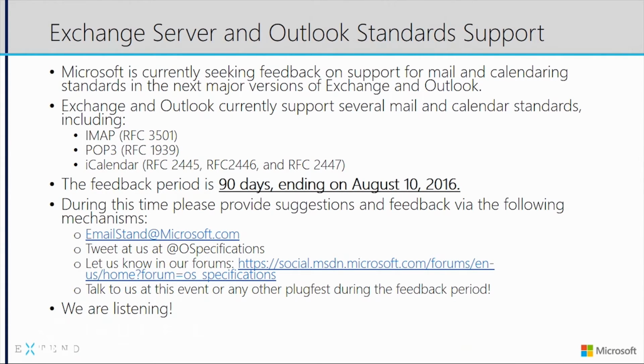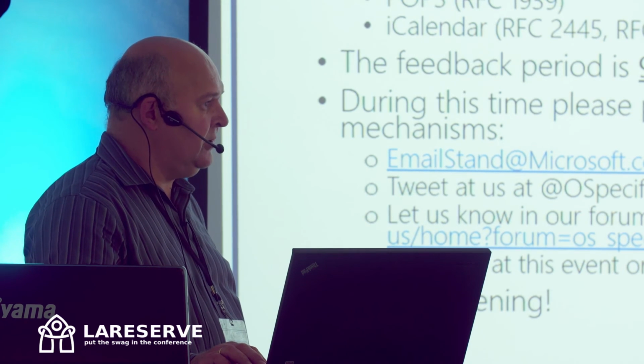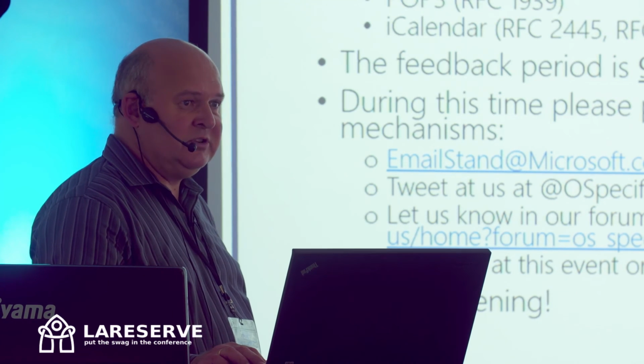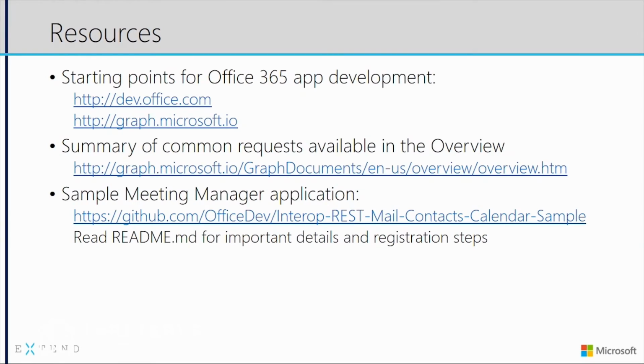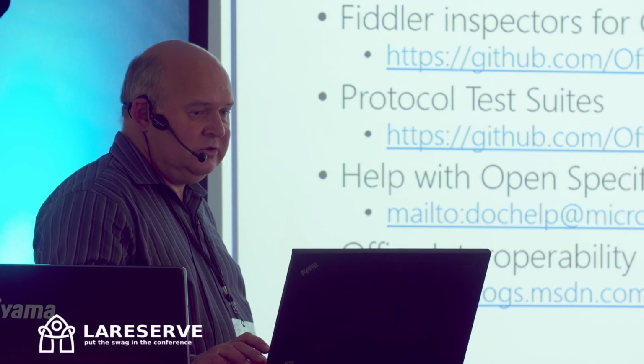Today we have the feedback period open for 90 days. Please, if you have some feedback, provide it. Talk to us now, or there is the email stand@microsoft.com. This is the information on how to reach us. But we are really listening. This defines what will happen in the next releases. And I'm listing resources.